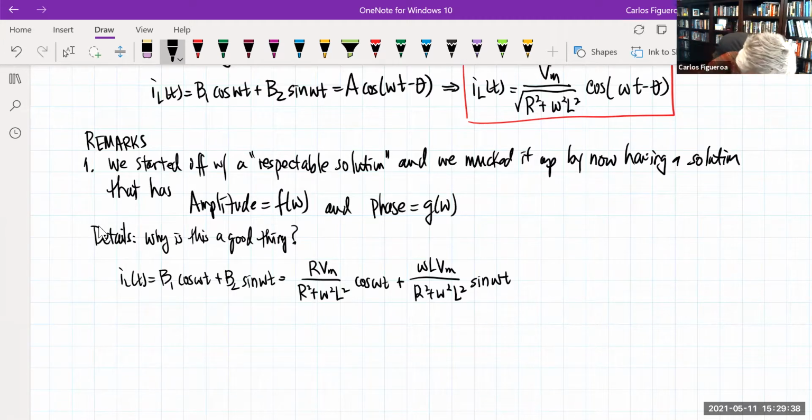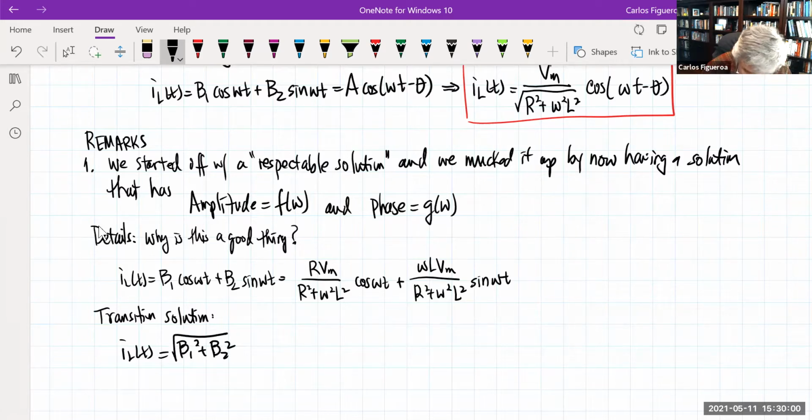But if you do the transition, and the reason why we do the transition is that we want to make a jump to the complex plane easier, we then have an equal solution that reads like what? And in this case, it's going to be cosine of omega t minus theta.